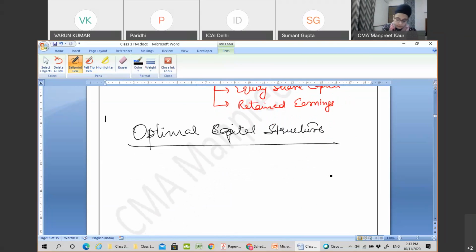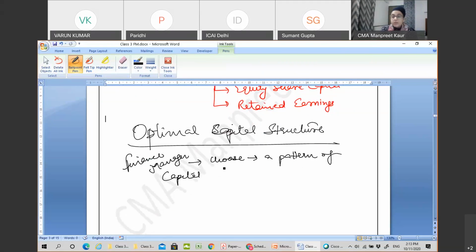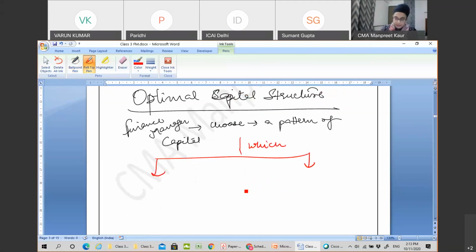If a finance manager chooses a pattern of capital which minimizes the cost of capital, and second, maximizes the owner's return.